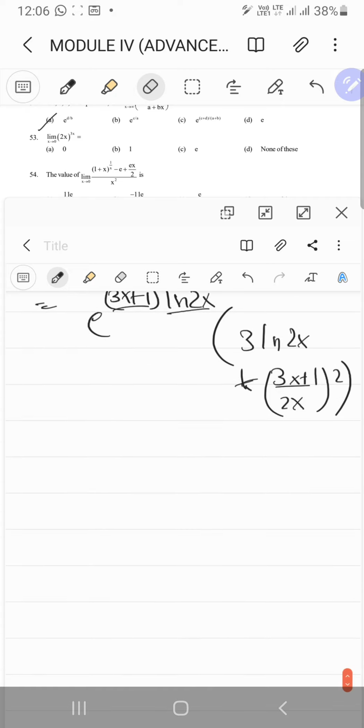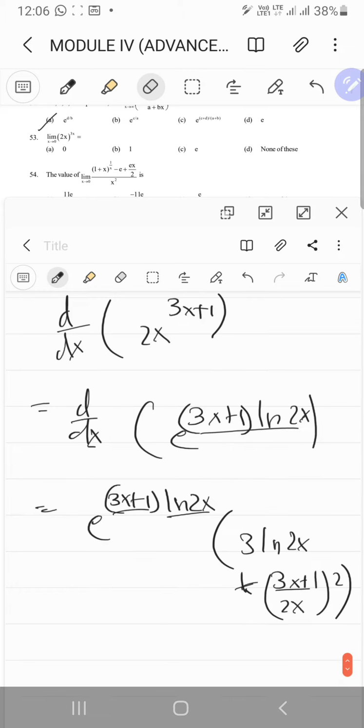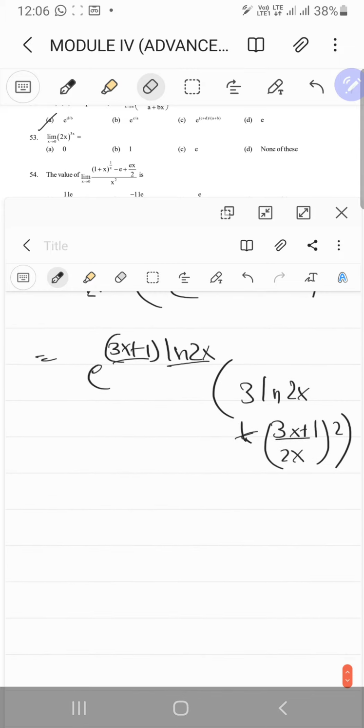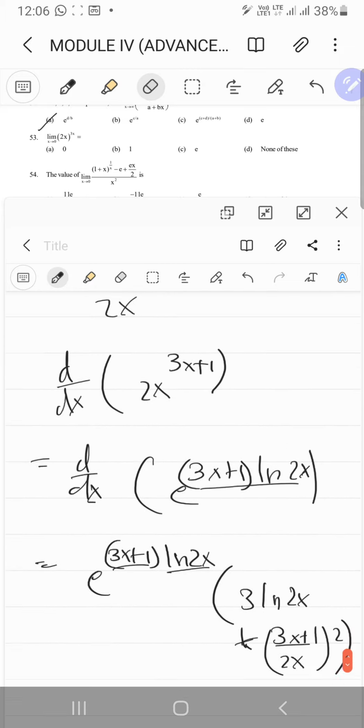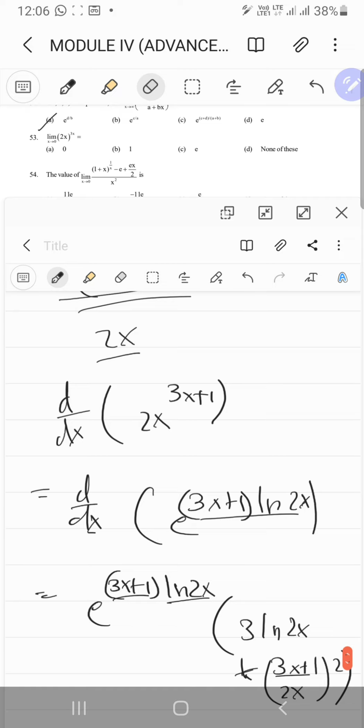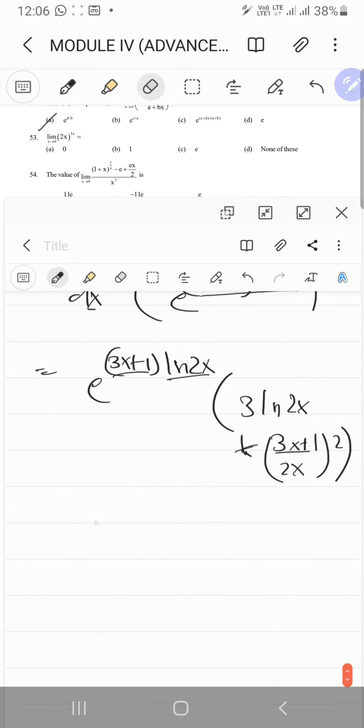Okay, fine. So that's what this should be, and we also have to divide by the derivative of this thing, so it should be that upon 2. So e to the 3x plus 1 natural log 2x, which now I can just return to the same thing, right?